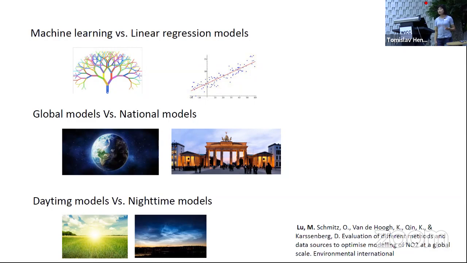The national models are parameterized in countries with dense ground monitors so that we can better see the difference between the national and global models, also the heterogeneities between those national models. And we also separated day and nighttime models to compare the models, and also it's essential for integrating human space-time activities in the exposure assessment.